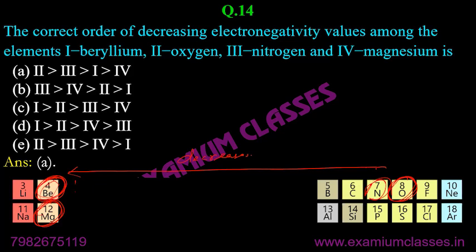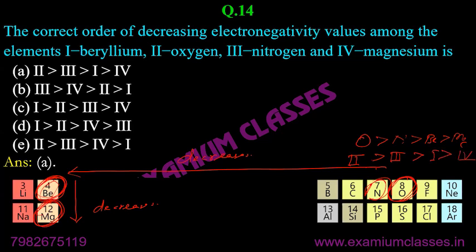Then again electronegativity decreases down the group. So it means oxygen first, then nitrogen, then beryllium, then magnesium. Oxygen is given as 2, nitrogen is given as 3, beryllium is given as 1, magnesium is given as 4. So 2, 3, 1, 4. First is correct. A.